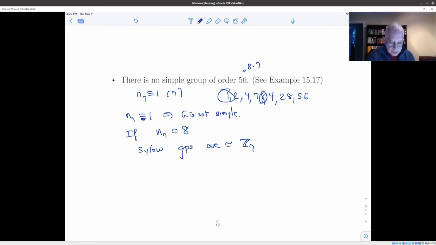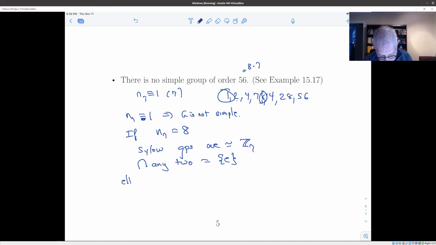The intersection of any two of them has to be the identity, because two copies of Z7 would intersect in a subgroup of Z7, but the only subgroups of Z7 are the trivial group and the whole group, and if they're different, it has to be the trivial group. So let's count up elements of order 7.